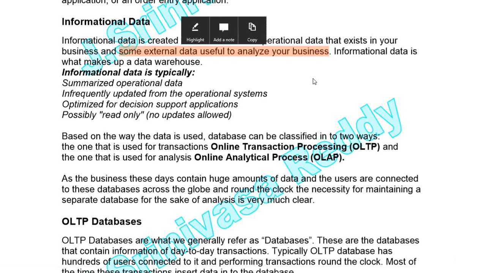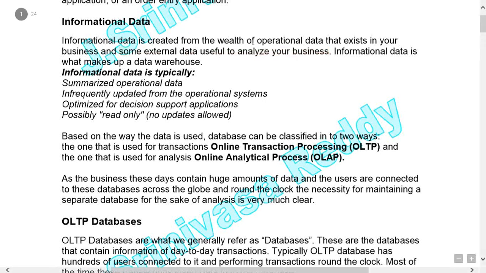That might be data we are buying from foreign exchange, or from other organizations, or data from survey reports or other information that is not from our business operations. That is what is known as external data. So internal business data plus external data, both together we process and prepare the informational data. The informational data is useful for analyzing our business. So this kind of data is also known as analytical data.